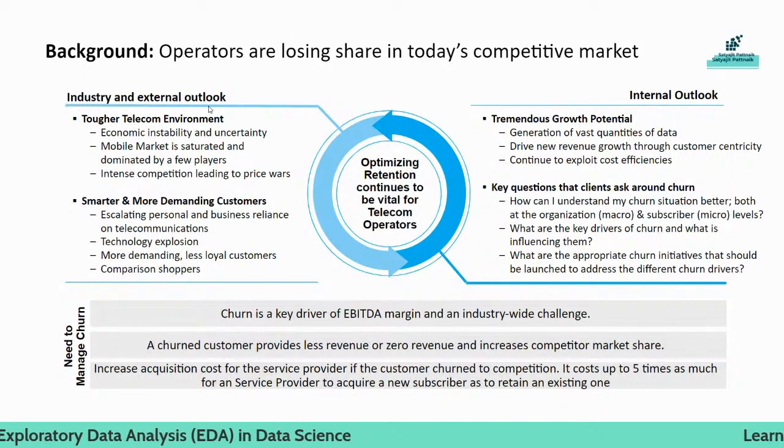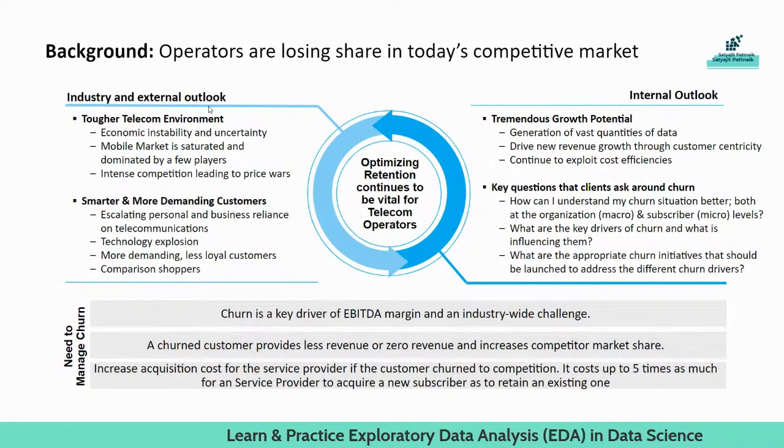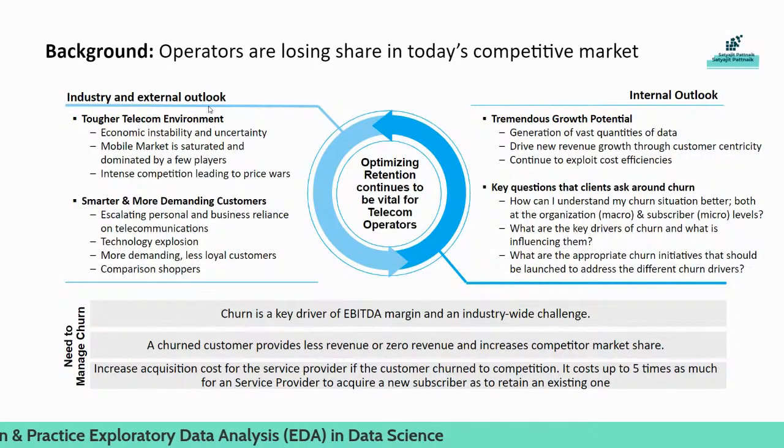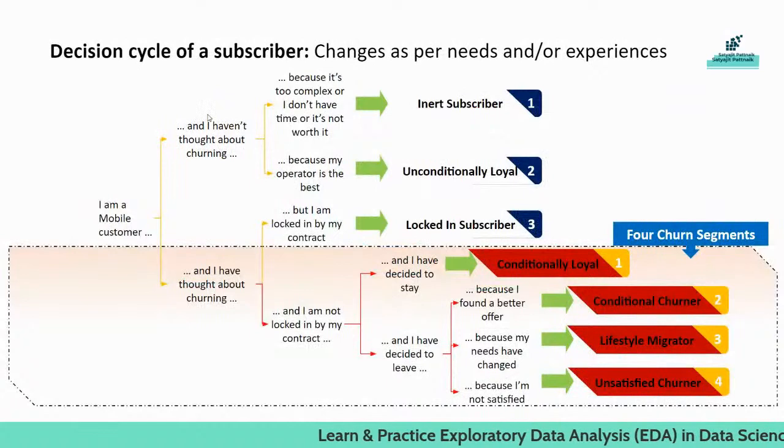Earlier, with BSNL or Uninor, there were just limited options, so people were not demanding. Internal outlook: there is tremendous growth potential, and there are some key questions that clients ask around churn. I'll leave this presentation to you so that you can go through it.